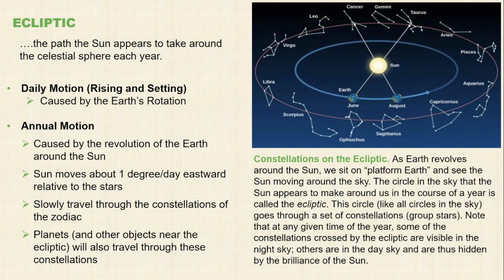And so this is a diagram that explains the daily motion and the annual motion. So there are two types. The daily motion of the Earth, which is caused by the rotation, or rotates on its axis. Here, this is the Earth. It has a rotation axis. So I can take anything.